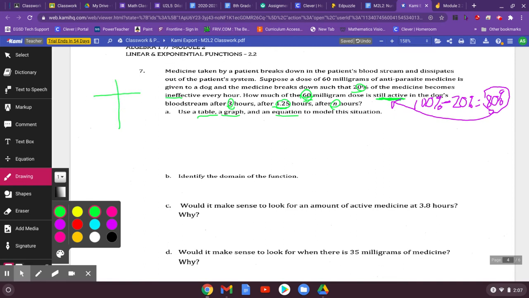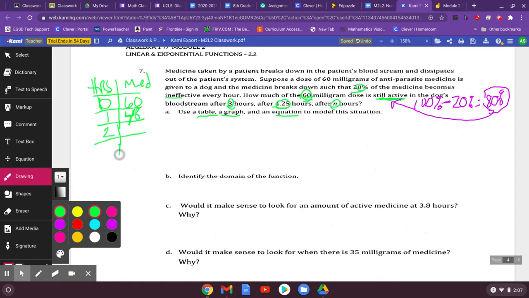Table. So we have hours and we have, we'll just say medicine. So at the first hour, we have, or sorry, 0, we start with 60 milligrams of medicine at the very beginning. After the first hour, 20% has left, which means 80% is still there.